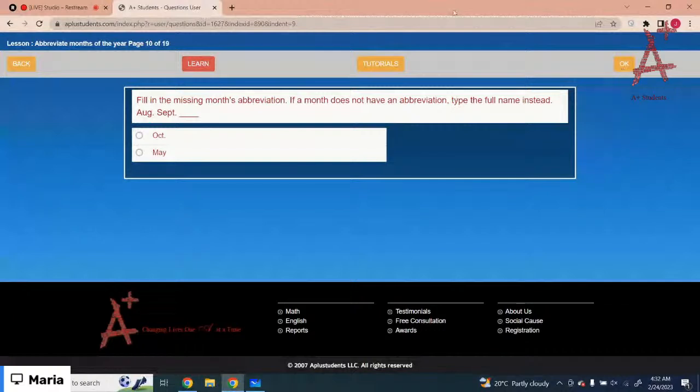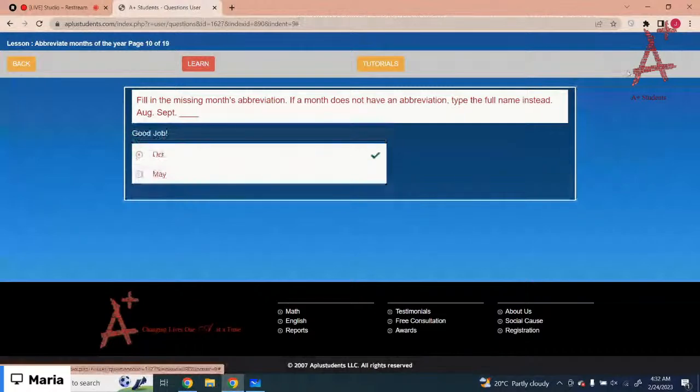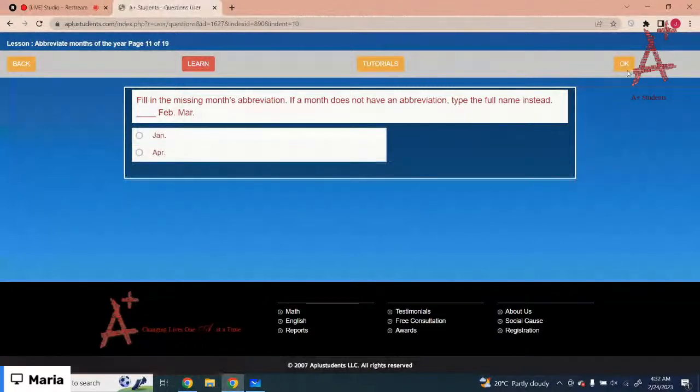So the correct option is October. Okay, the next one: which is the month before February? The correct option is January. So the correct option is January.